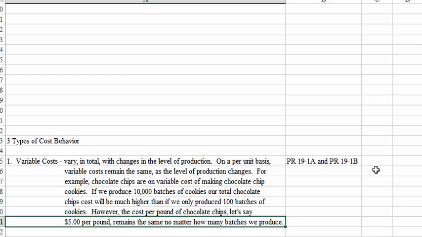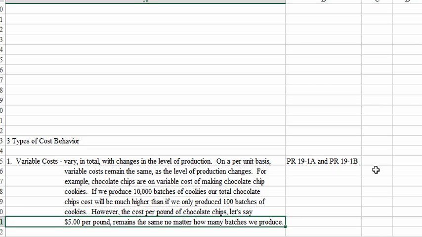So what they're saying here, in total, variable costs increase as the level of production increases. Variable costs decrease as the level of production decreases. But on a per unit basis, they remain the same. So what we're saying here, we're paying $5 a pound for chocolate chips, no matter how many batches we produce.